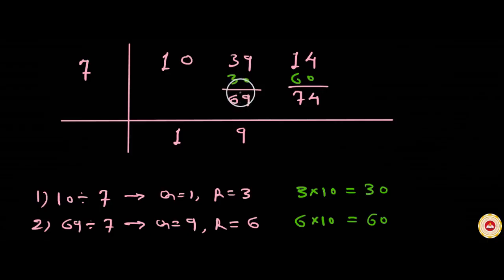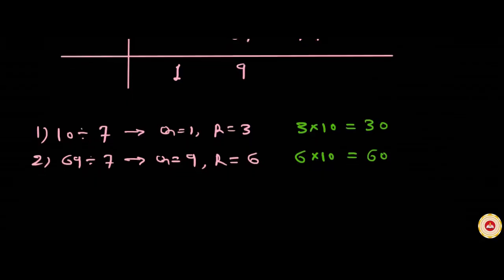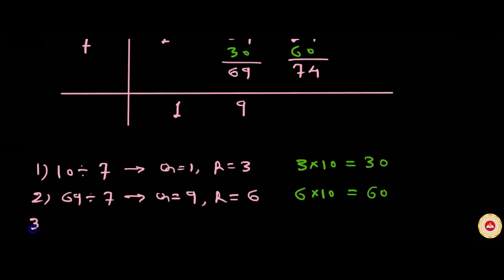That sum will be the gross dividend. So step number 3: 74 divided by 7 gives quotient 10 and remainder 4. So write quotient 10 and remainder 4.